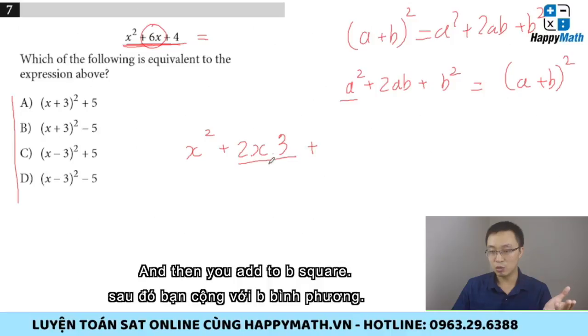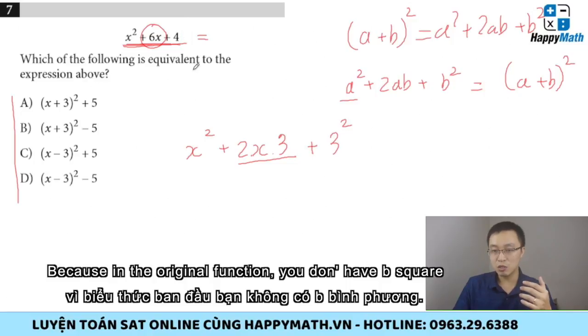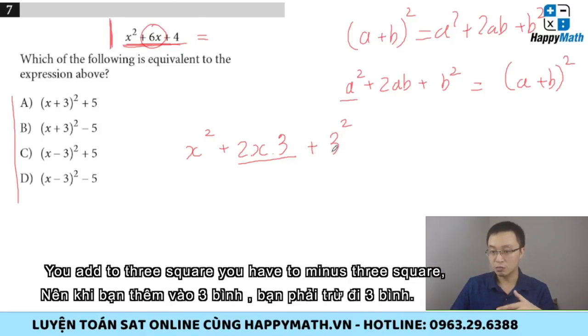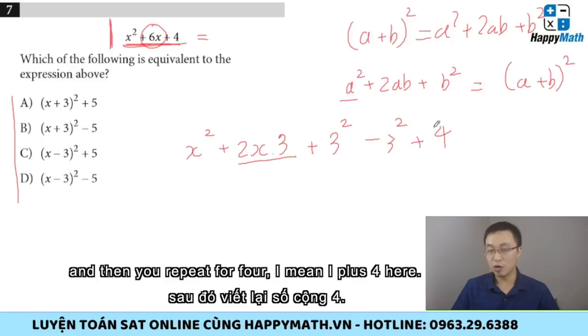And then you add x squared plus 2ab plus b squared. Because in the original function we don't have a b squared, I mean, you don't have 3 squared in this original function, so you add b squared, and you have to minus b squared. And then the plus 4 here.